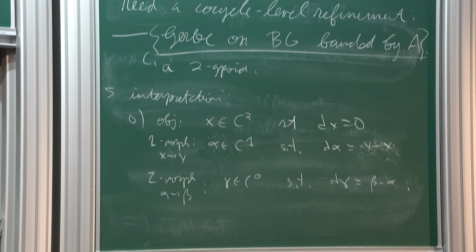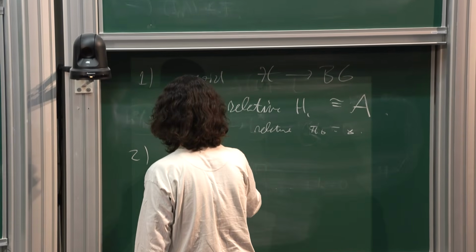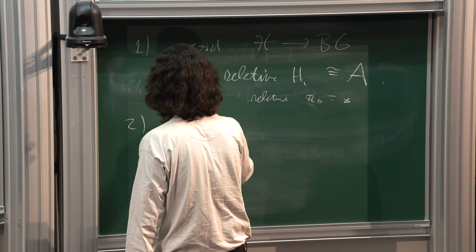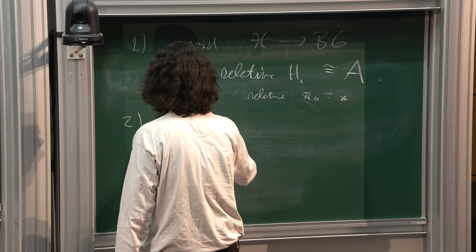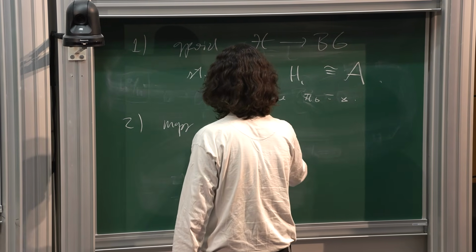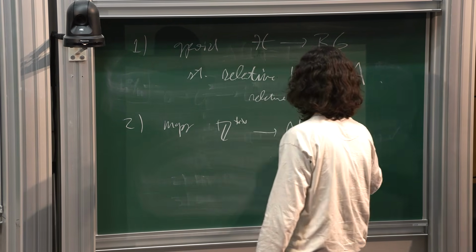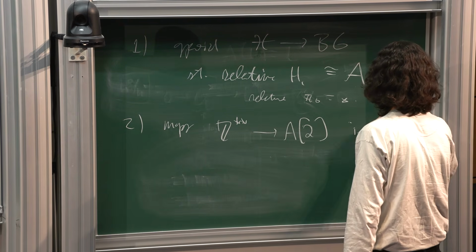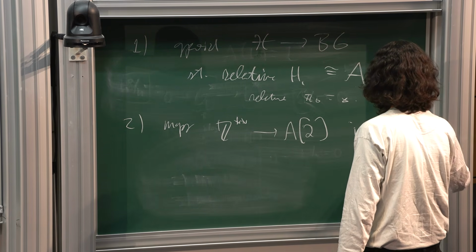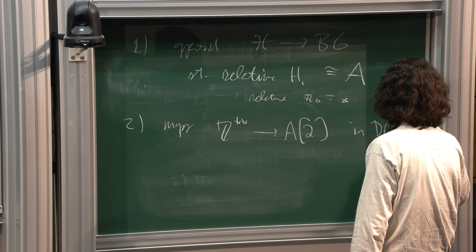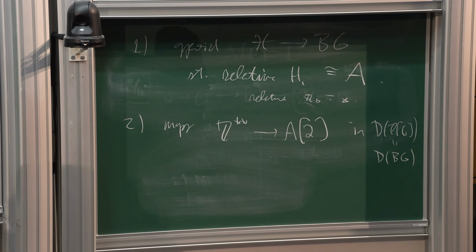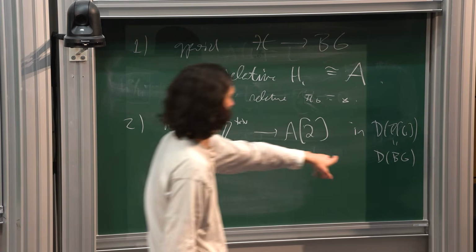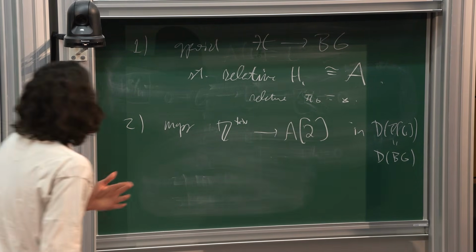So we also have the two groupoid of maps from Z with the trivial action to A shifted by 2 in D of Z bracket G. Or if you want to be even more canonical, it's like some derived category of abelian local systems on BG. Then you don't have to pick a base point of BG.